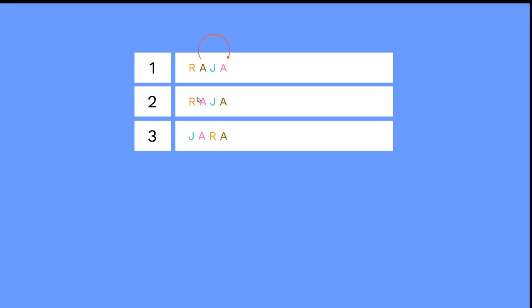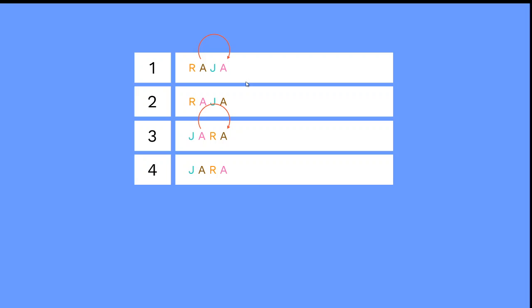If you just shift the A's, it doesn't change. For example, if I take Jara and interchange the A's, it still looks like Jara.